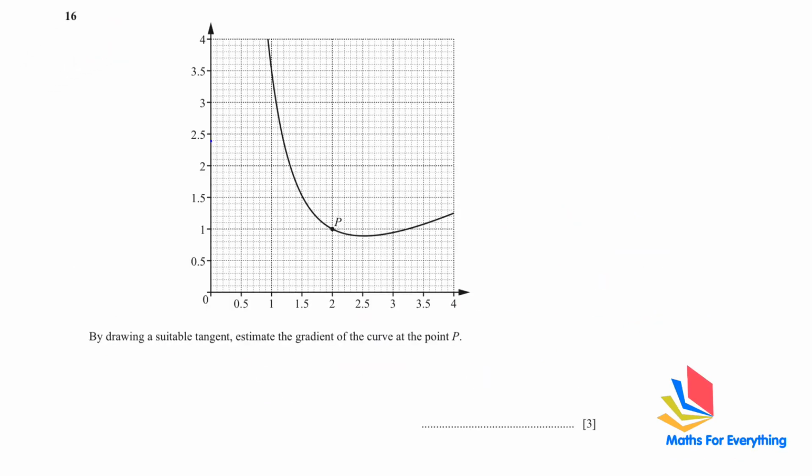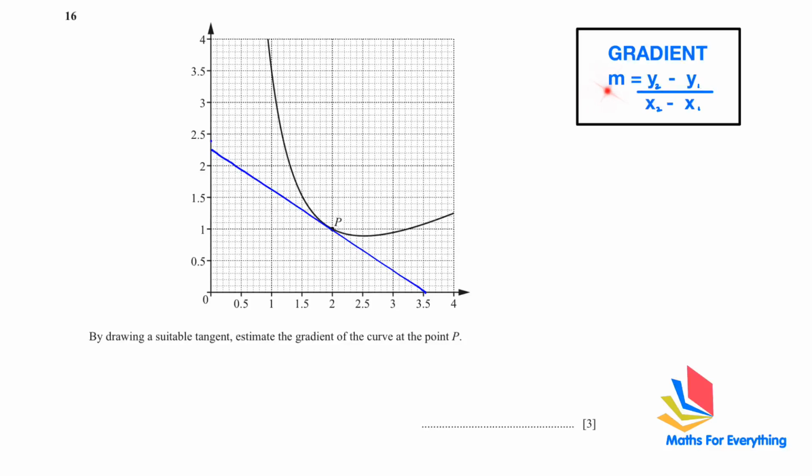Question number 16. We have been given a curve and we have to draw a suitable tangent and estimate the gradient of the curve at the point P. A tangent is a line that touches the curve at one point. So this is the tangent drawn to the curve. Now to find the gradient, we use the formula gradient, which is m is equal to y2 minus y1 over x2 minus x1.